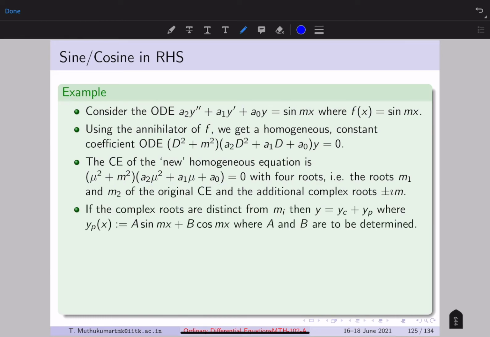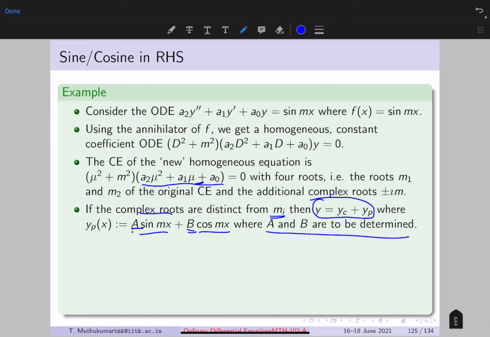If the complex roots are distinct from the roots that you obtain from this equation, then you just do the usual. It is a fourth order equation, spanned by four linearly independent functions, which are precisely those coming from this and the sine and cos coming from the complex roots, where a and b are the coefficients that you would have to determine.